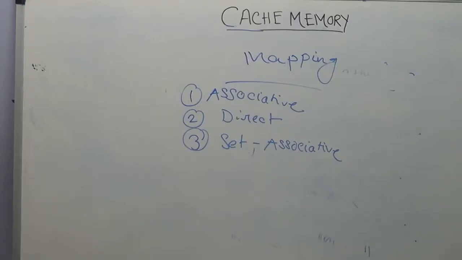The index field of the CPU is used to access the main memory, and the tag field of the CPU is compared with the tag in the word from the cache memory. If the tag of the CPU matches the tag of the cache, then there is a hit and the data is read from the cache memory. If there is a miss, the data is transferred from the main memory to the cache memory with the new tag value. So this is the direct mapping technique.